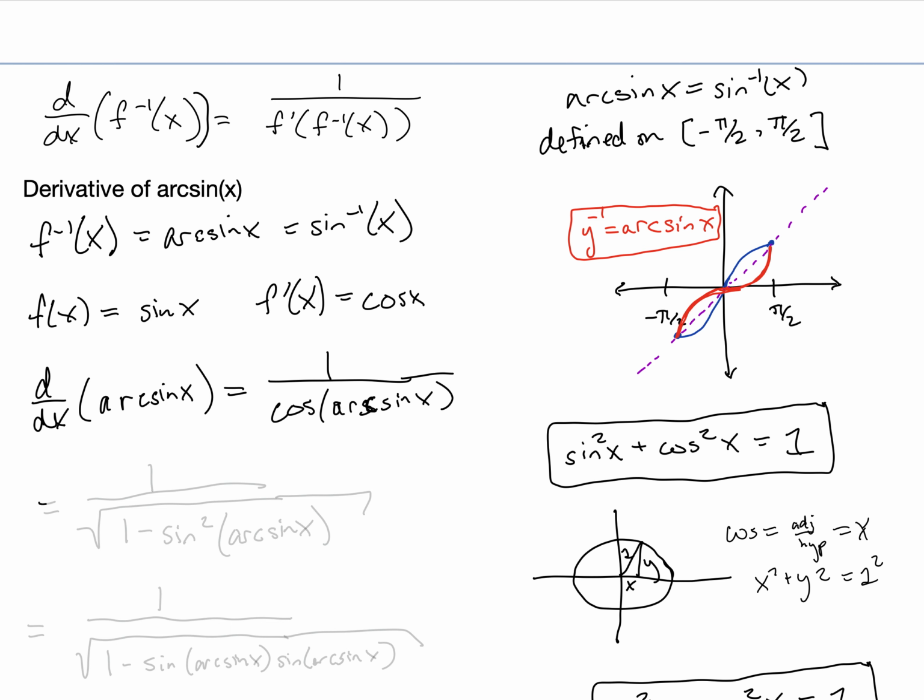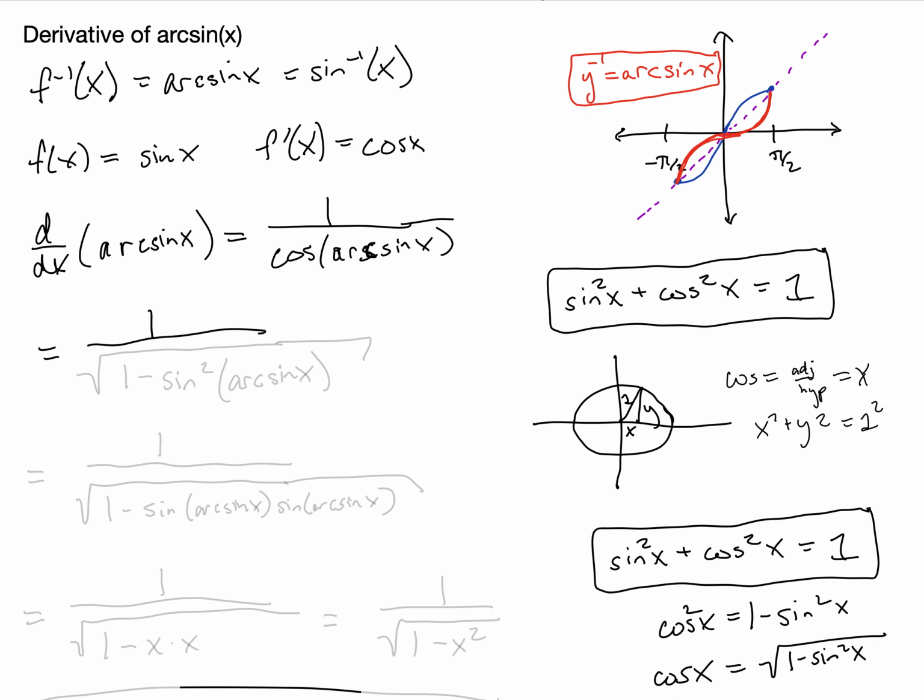So we'll rewrite this as 1 over, instead of cosine x, we'll write it as the square root of 1 minus sine squared of arc sine x, all under a square root. And so this is the same thing as 1 over the square root of 1 minus sine of arc sine x times itself, sine arc sine x.